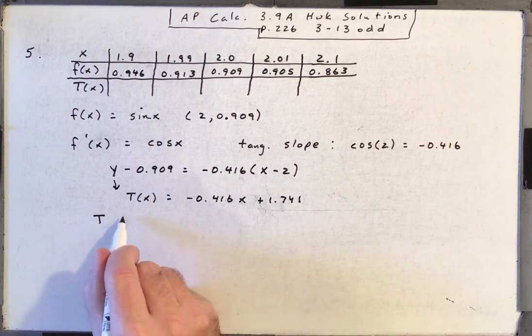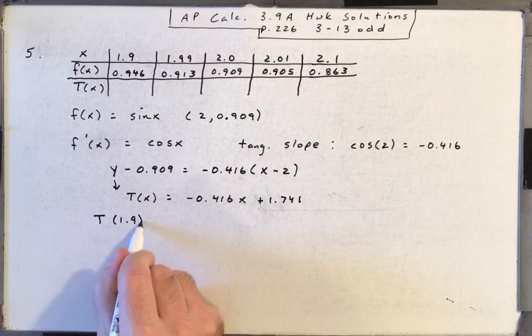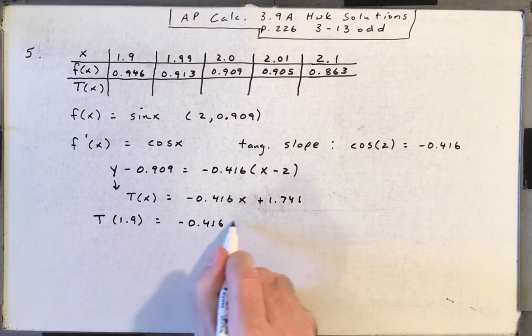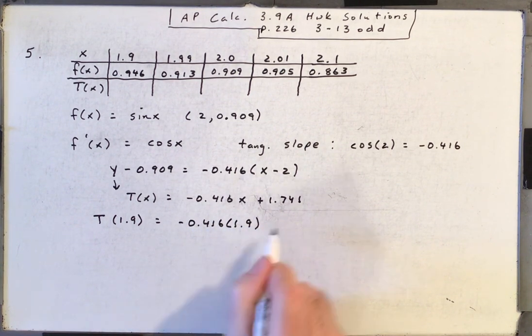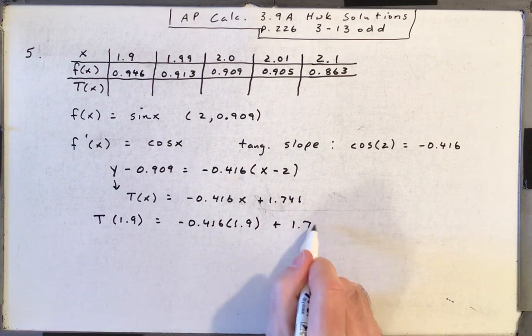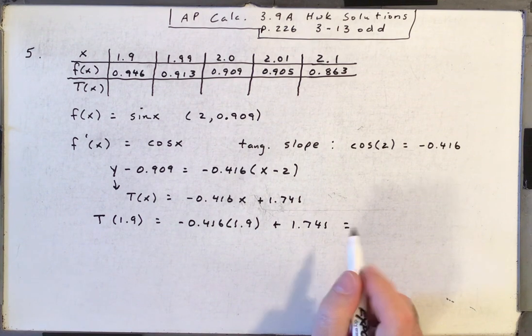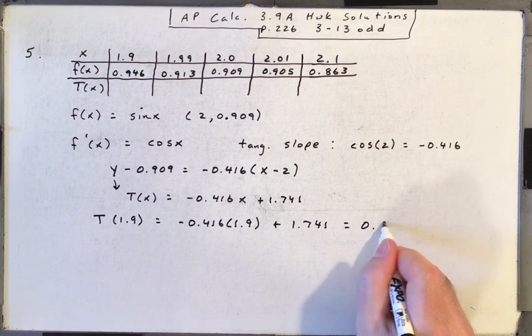So we could do t of 1.9. That's negative 0.416 times 1.9 plus 1.741, and that is equal to 0.951.